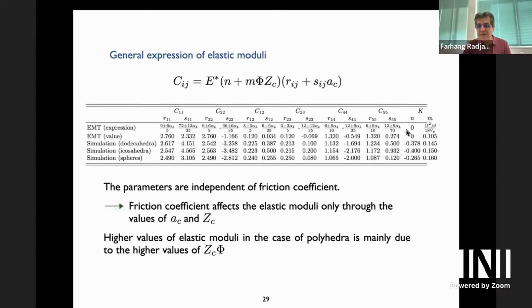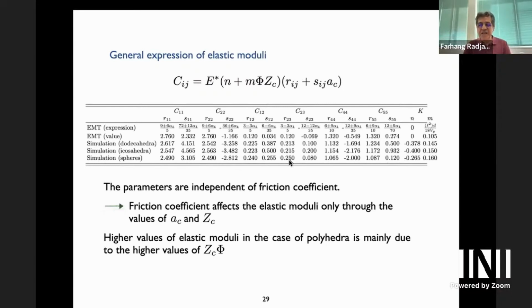But for N, for example, as we have seen, this is 0 for EMT, but we have a finite negative value, as you can see here. So globally, we have tabulated all these coefficients, and it's very interesting. Why? Because they don't depend on friction coefficient. That's very interesting. And also, they don't evolve during triaxial compression.